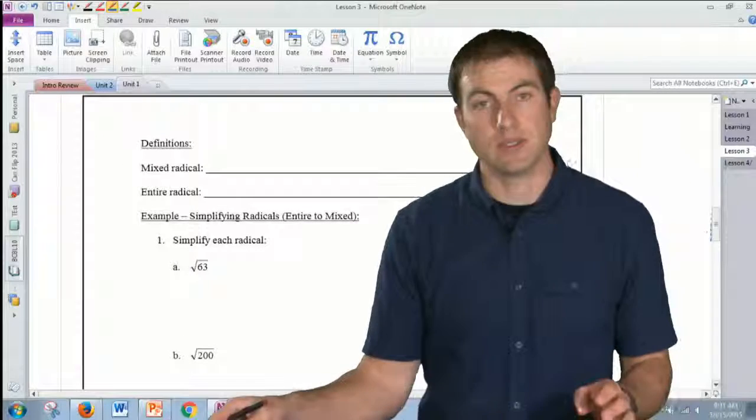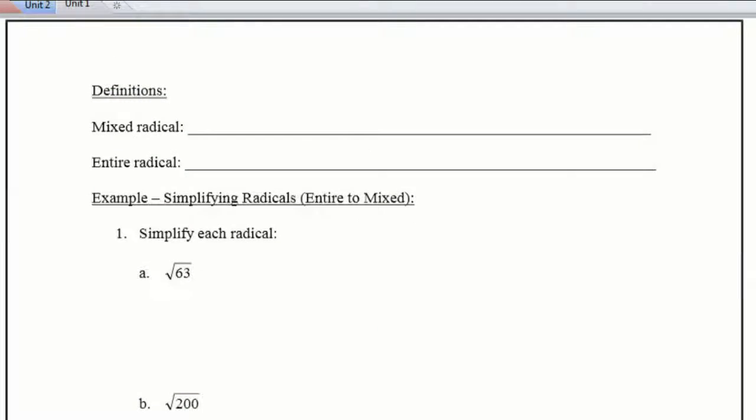We need to define these things as mixed radicals and entire radicals, kind of like mixed fractions and entire fractions. You guys spent a lot of time doing that in grade 9 where you'd go back and forth. So a mixed radical is going to be a number written as a product of a number and a radical.